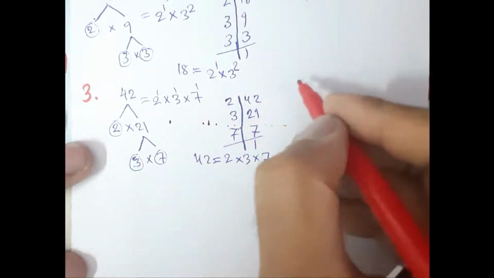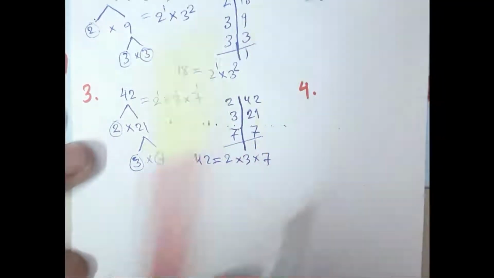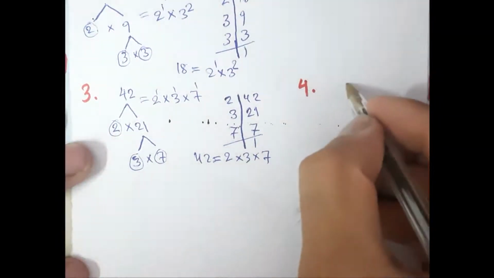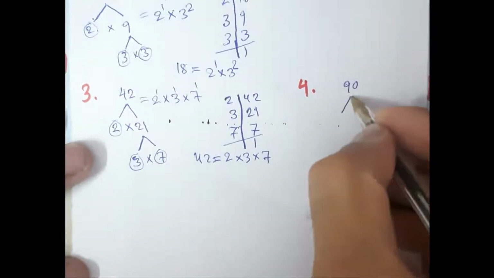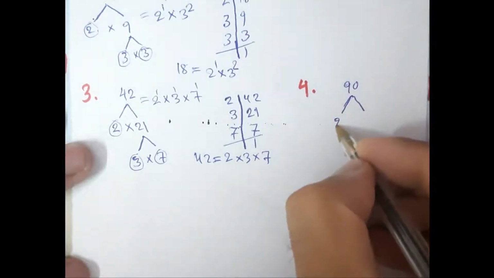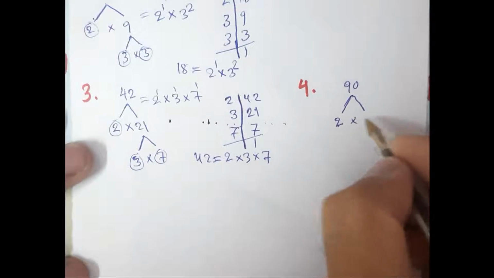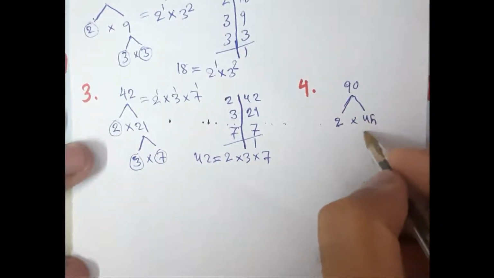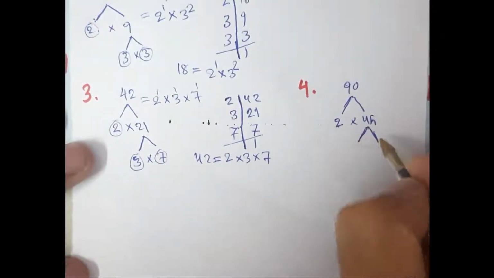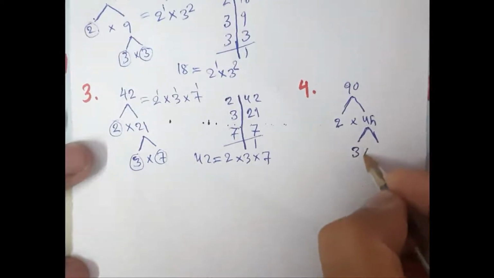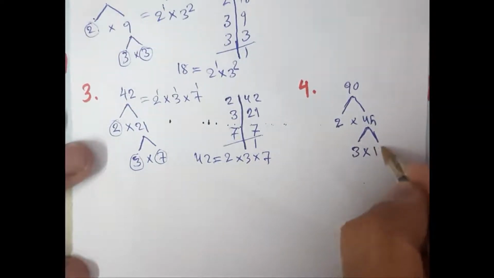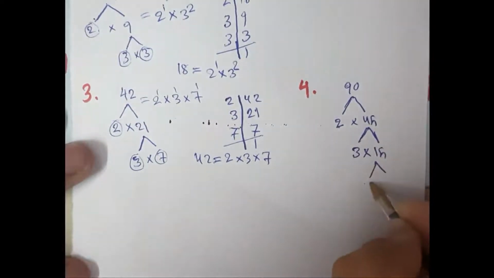Question 4. Question 4 was 90. When we divide 90 by 2 we get 45, which is divided by 3 to get 15. 15 divided by 3 gives 5.